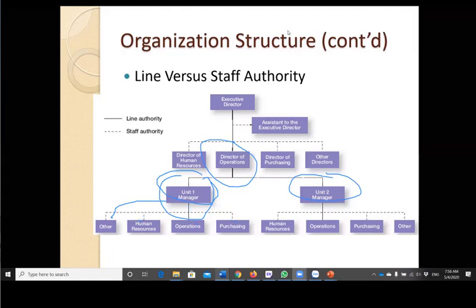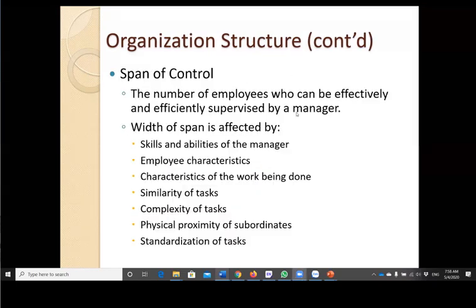That's the actual span of control of that position. But in designing the organization structure, you may consider the theoretical span of control, or the maximum width of the span of control. It means the number of employees who can be effectively and efficiently supervised by a manager.